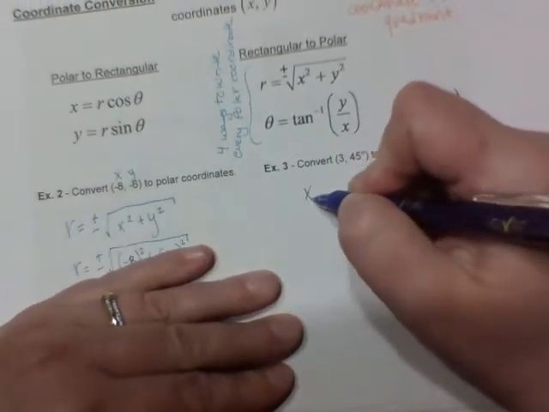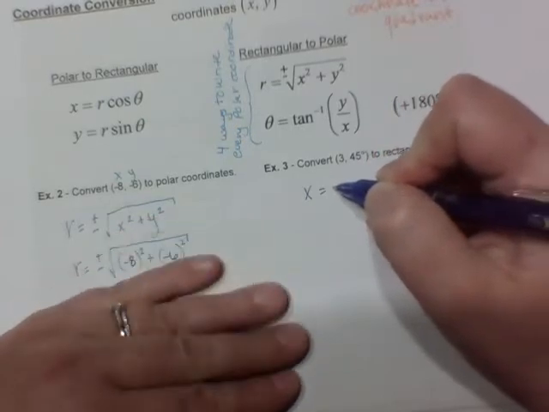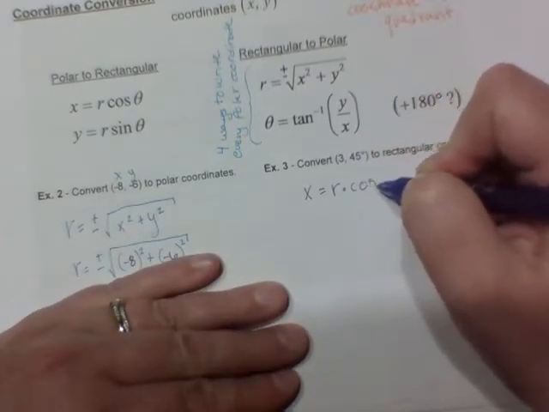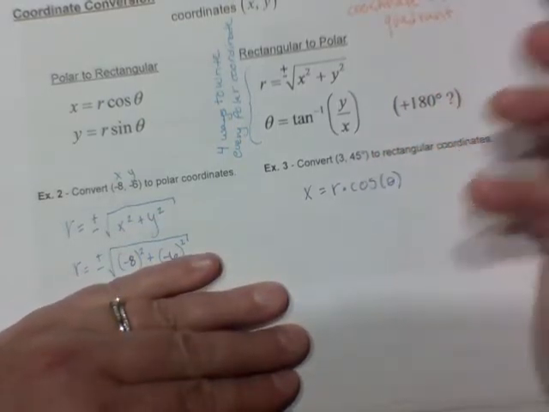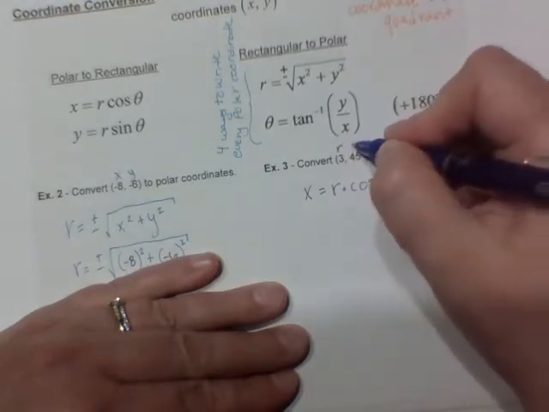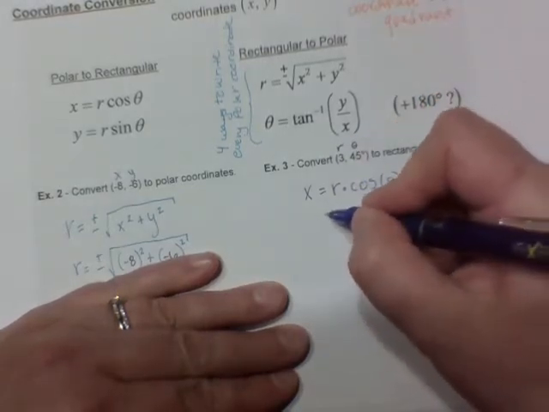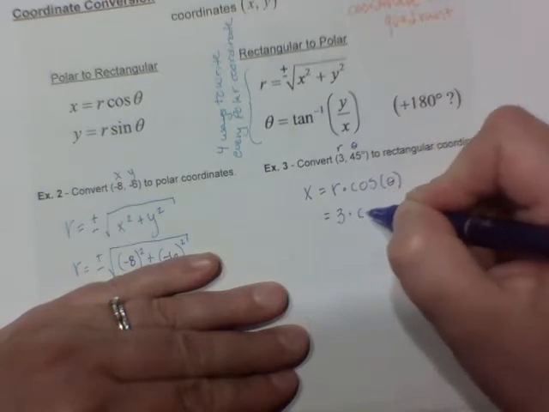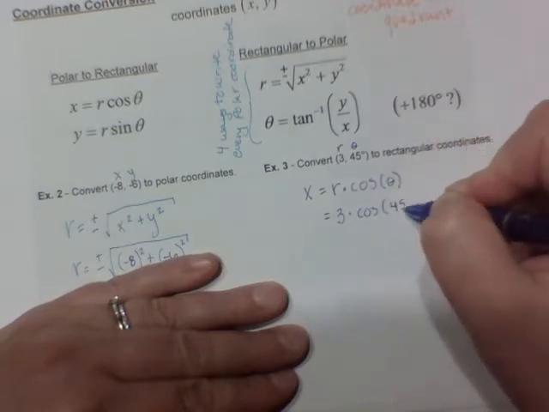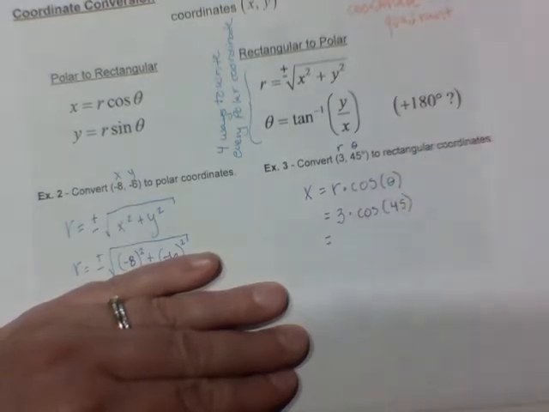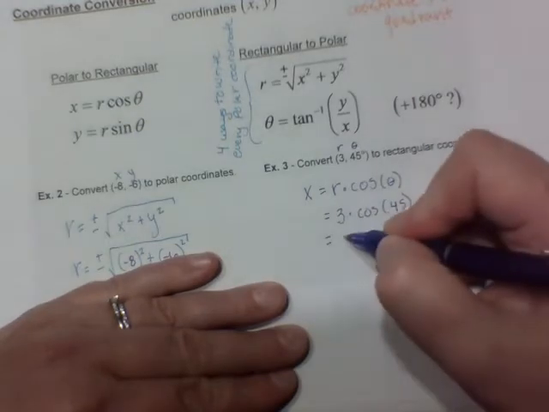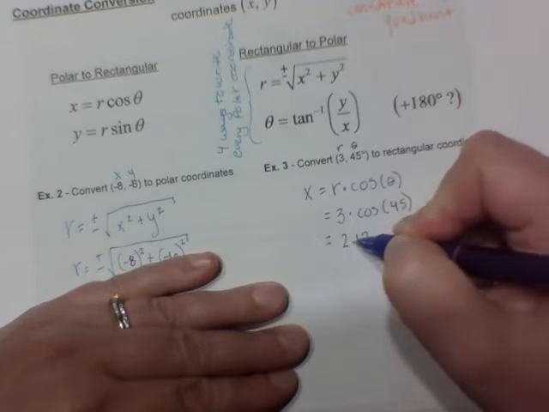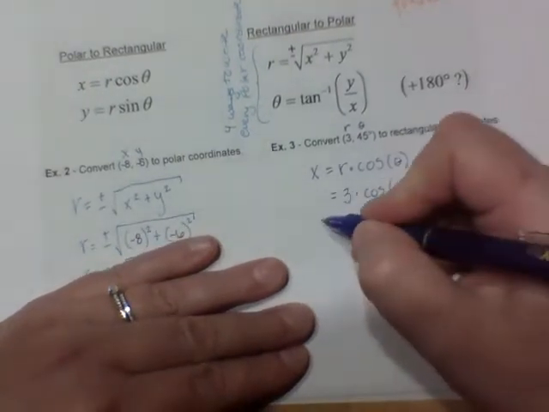So our x value is going to be r times cosine of theta. And since this is our r and this is our theta, we're going to have 3 times cosine of 45, and 3 times cosine of 45 is 2.12. So that's our x value.